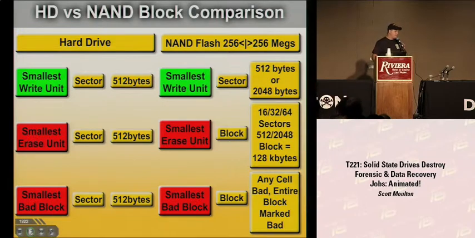At the same time, if you have even one single bad cell in the entire section, it marks that entire block as bad, so you immediately lose 128K. As you look at the size of your disk, you will see over time, as sectors go bad, if there are not enough spare sectors, the size of your memory stick will start to shrink. That's true of hard drives too. Eventually, as you've used all your spare blocks, the size of the drive may shrink as time goes on. So you have some shrinkage.